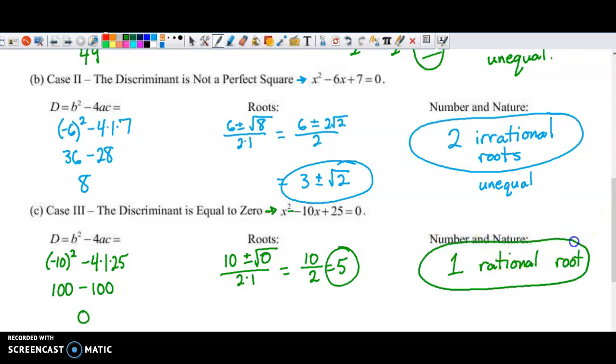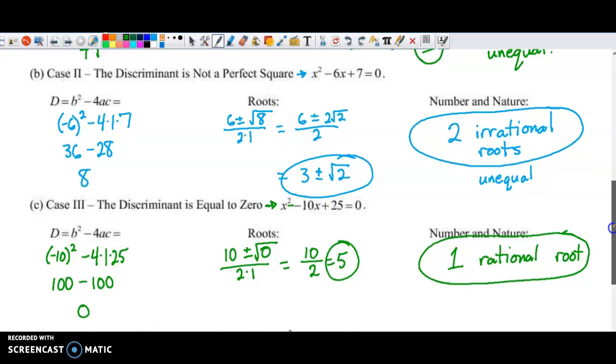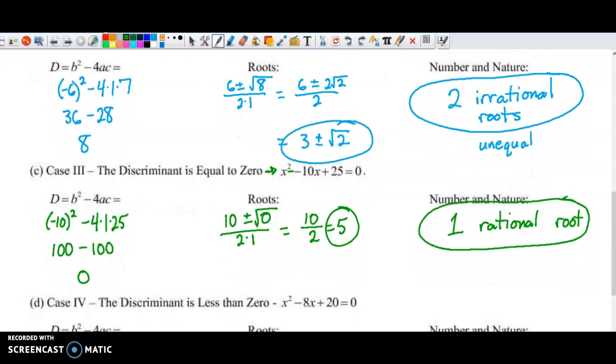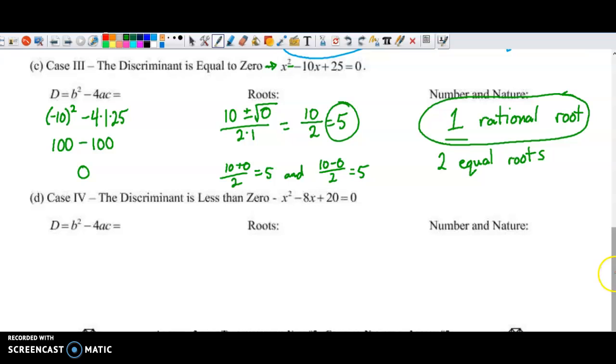And we'll talk more about that as we get deeper into the class and into pre-calculus, where it makes sense to say that they have two equal rational roots. Technically speaking, it is 10 plus 0 divided by 2 is 5, and 10 minus 0 divided by 2 is still equal to 5. So I get the reason, but to me it's safe just to say there's one rational root. There's one time it hits the x-axis.